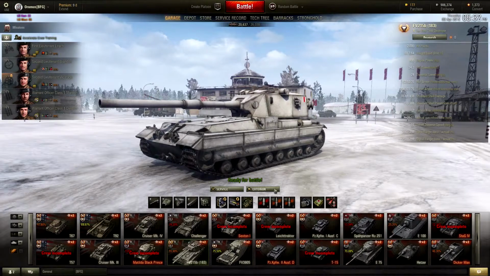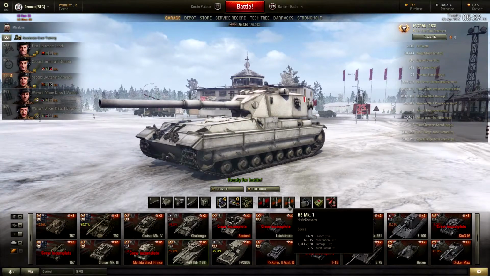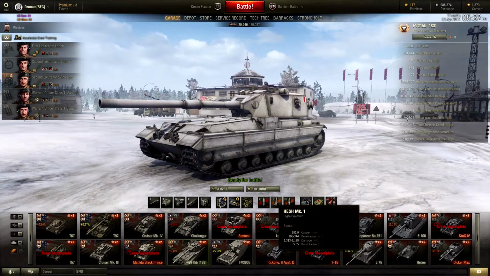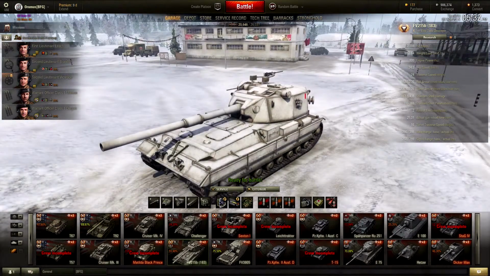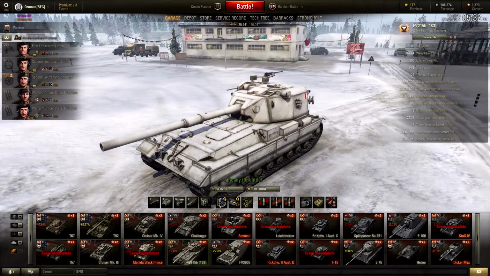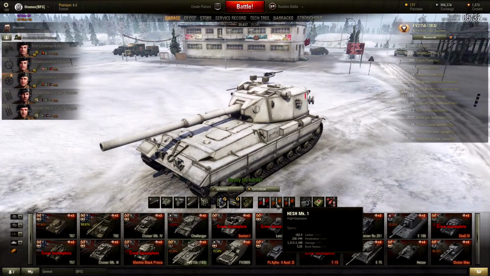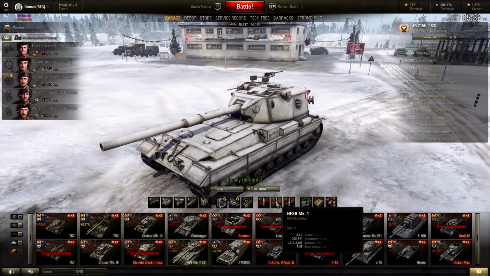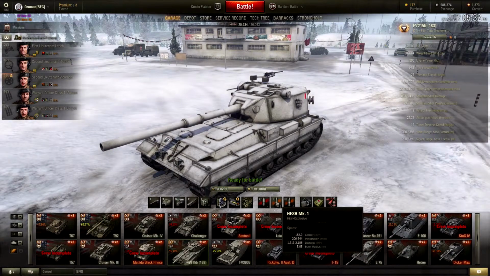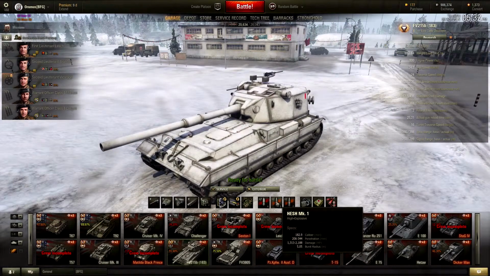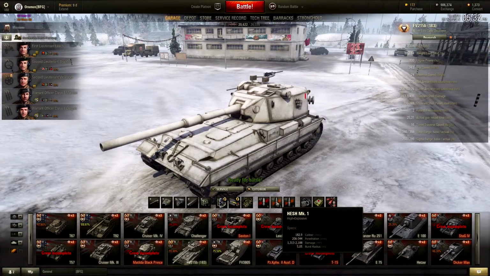Also of note, HE and HESH have a splash radius. As you can see right there, it calls it burst radius. And basically, if you hit a target or miss a target, hit the ground, whatever, then the game calculates a circle of that radius. So in the case of the HESH that the Death Star fires, a 5.05 meter radius around the impact area.